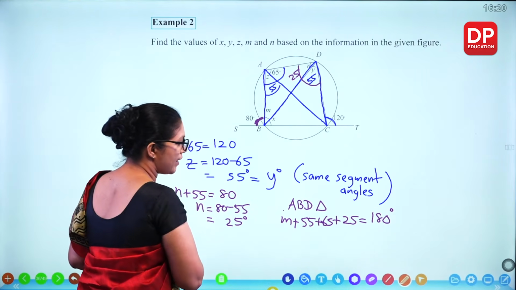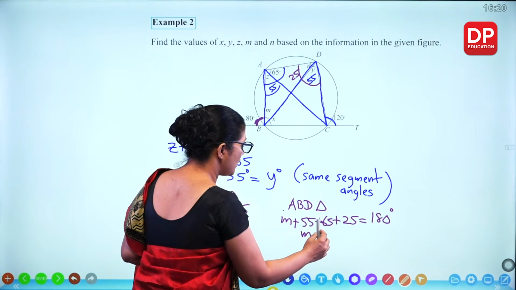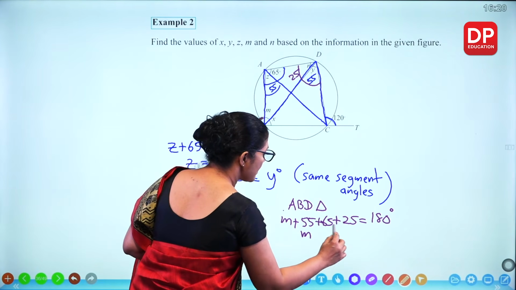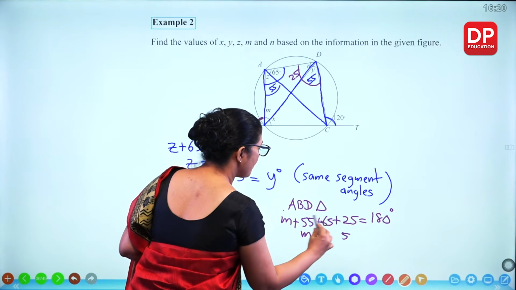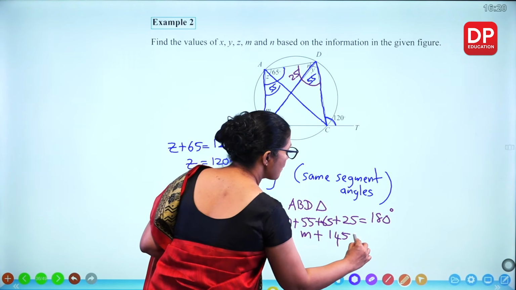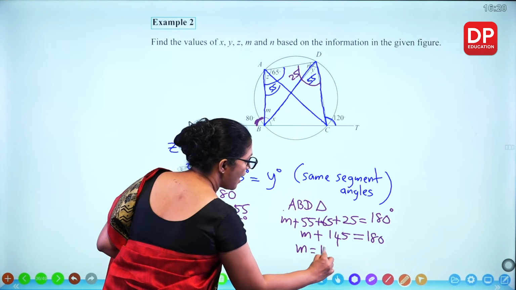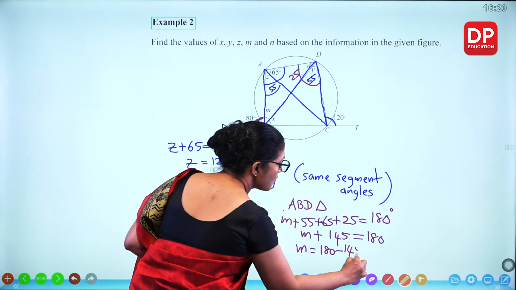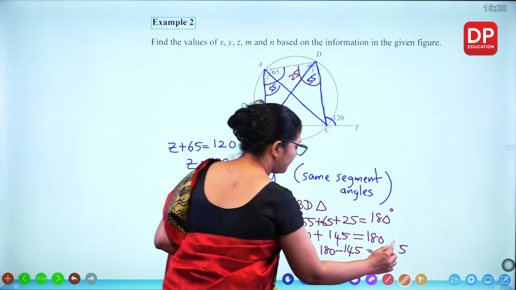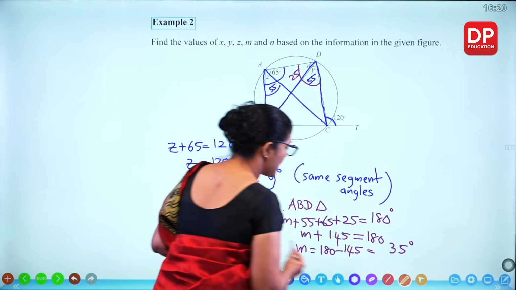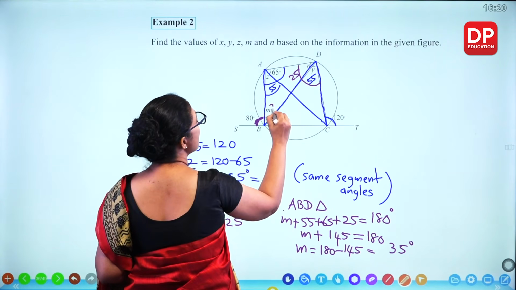That's a triangle. So what's M? You get 145 equals 180. So M is 180 minus 145, 35 degrees. That's M. This is 35.